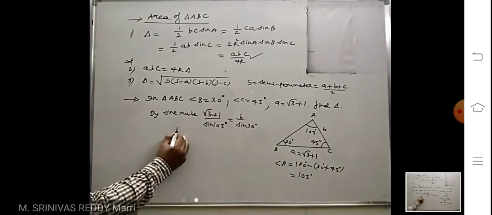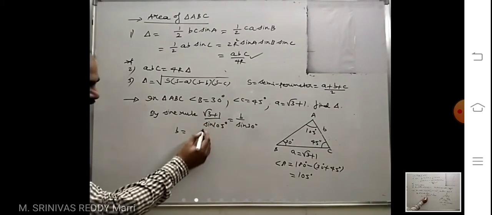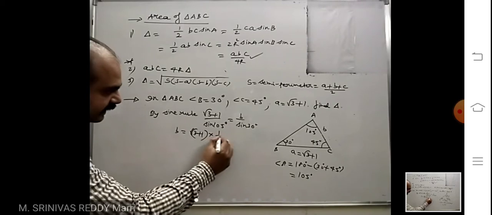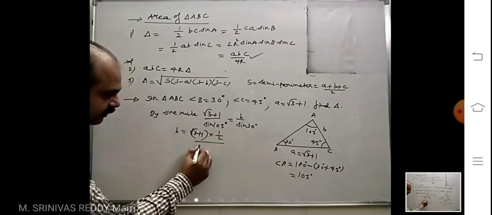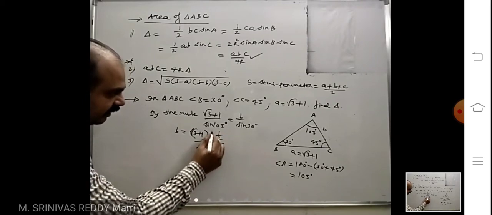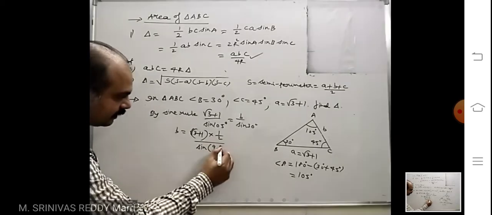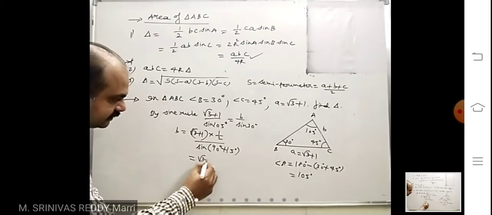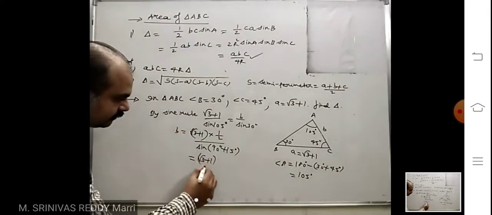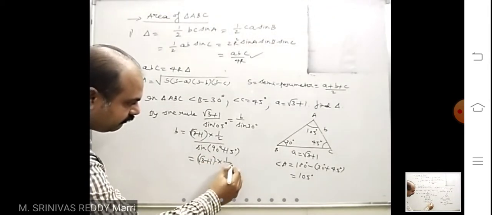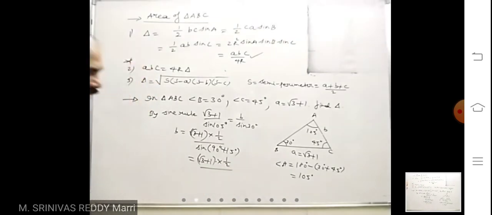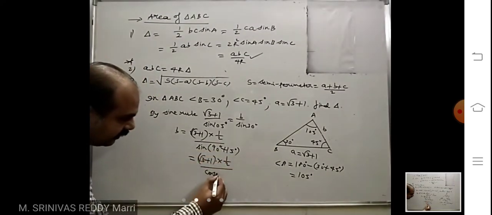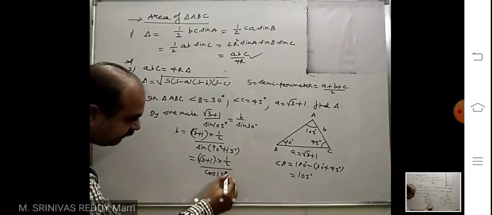So that means b is nothing but, bring this side, root 3 plus 1 into sin 30, which is 1 by 2, divided by sin of, I am writing this as 90 degrees plus 15 degrees. That means root 3 plus 1 into 1 by 2 divided by sin of 90 plus theta, because you know the 15 degree value.